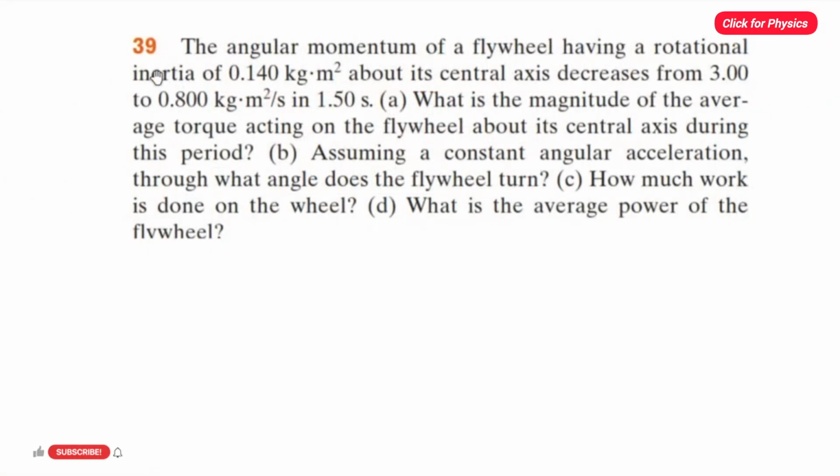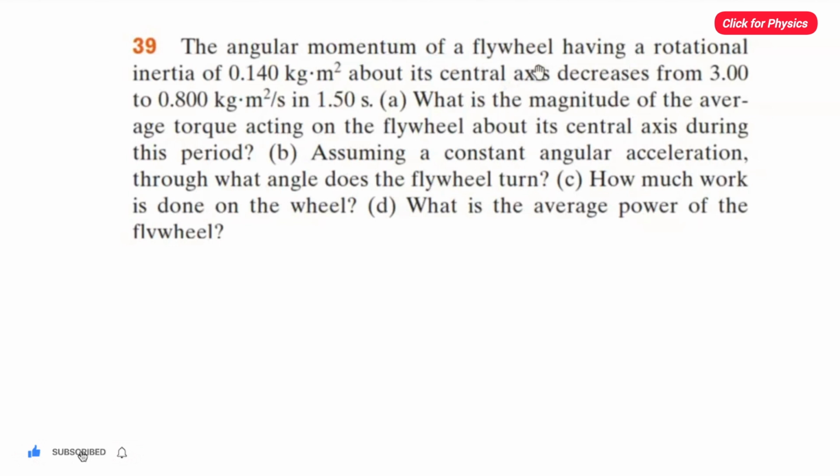Problem number 39. The angular momentum of a flywheel having a rotational inertia of 0.14 kilogram meter square about its center axis decreases from 3 to 0.8 kilogram meter square per second in 1.5 seconds.